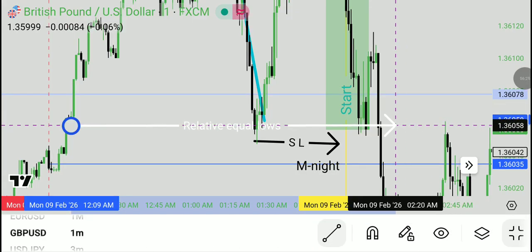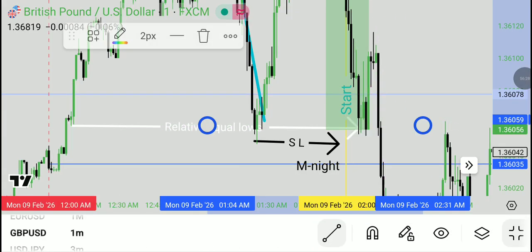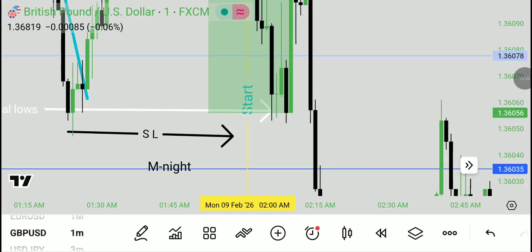When you see that the market did not take this low out, they have an unfinished business.